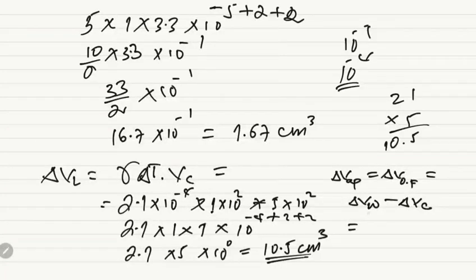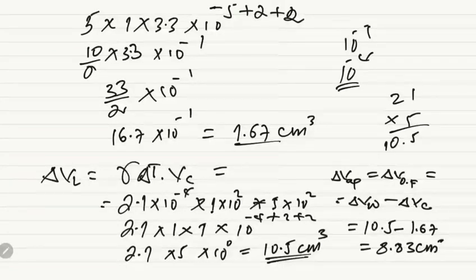The change in volume of the water is 10.5 centimeter cube, minus the change in volume of the container, which is 1.67. So 10.5 minus 1.67 is 8.83 centimeter cube or milliliter.